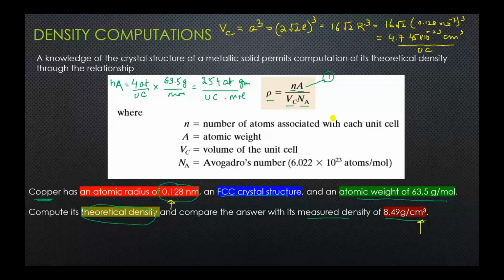And Avogadro's number you already know is 6.022 into 10 raised to power 23 atoms per mole.